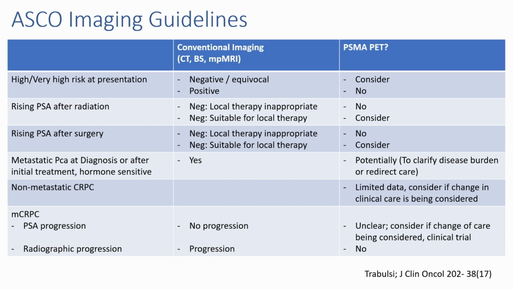With a rising PSA after surgery, once again, you only consider it if they're suitable for local therapy. For metastatic prostate cancer diagnosis, or after initial treatment for hormone-sensitive disease, they say you can potentially get a PSMA PET. And that's really to clarify disease burden, and once again, if it's going to change your management.